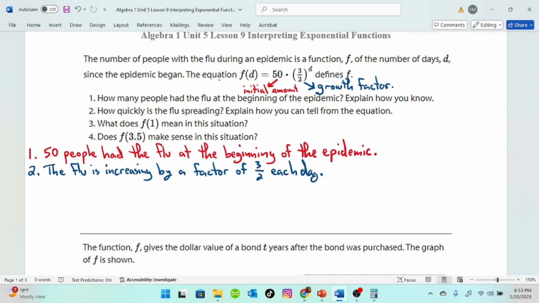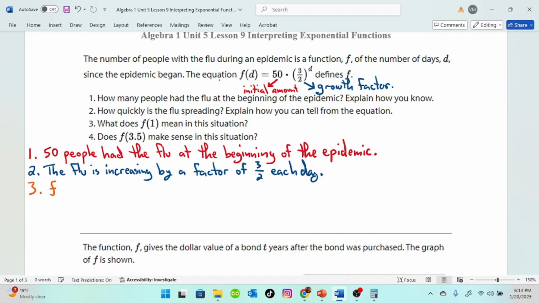Number 3. What does f of 1 mean in this situation? Well, the 1 is in parentheses, and we can see that the d is in parentheses. And d represents the number of days since the epidemic began.